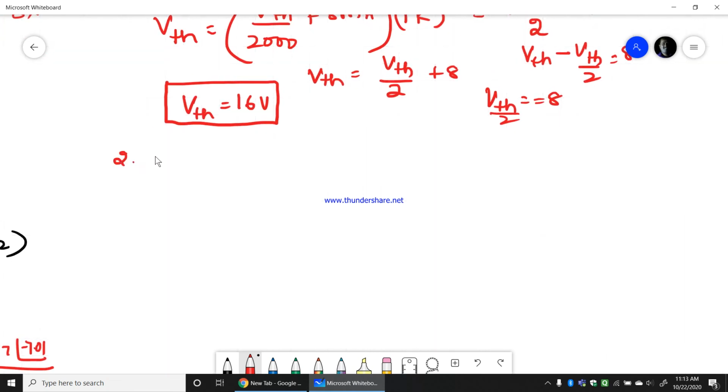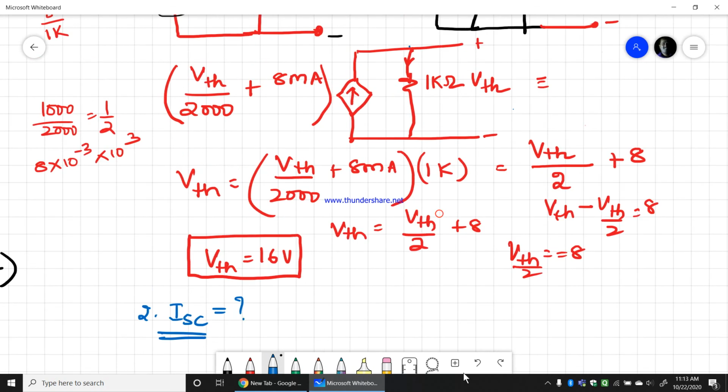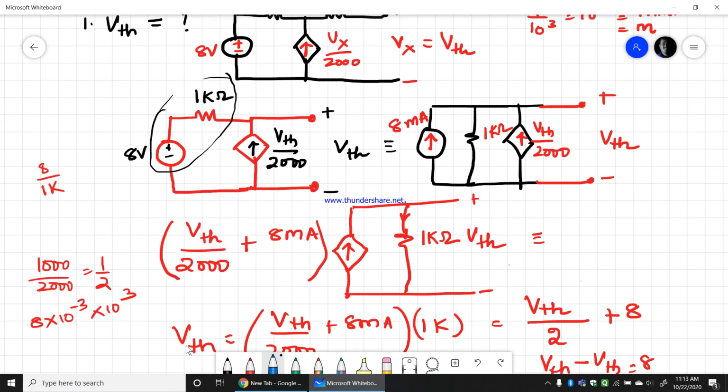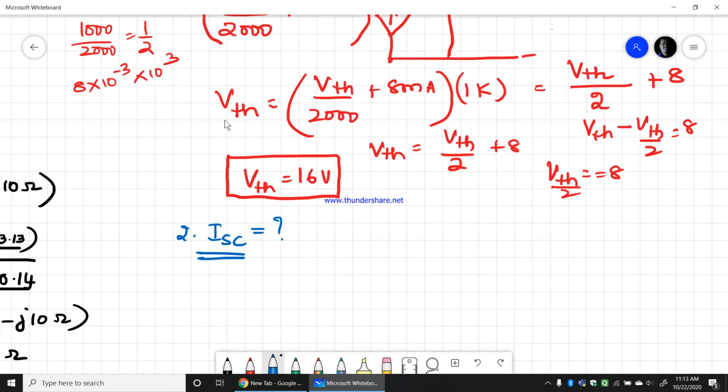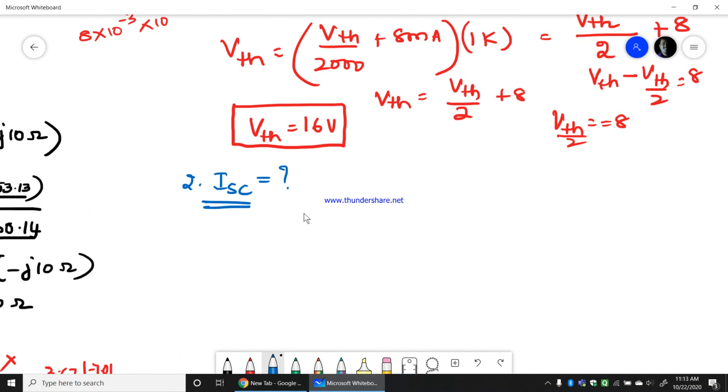Step 2 is to find out what is the short circuit current ISC. Go back and copy the same circuit once again. So we have a voltage source in series with the resistance.